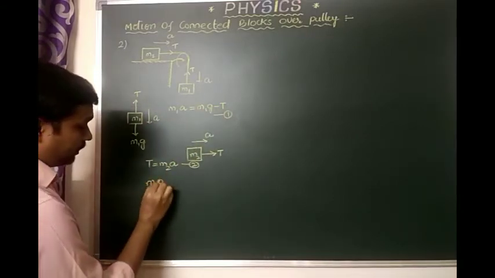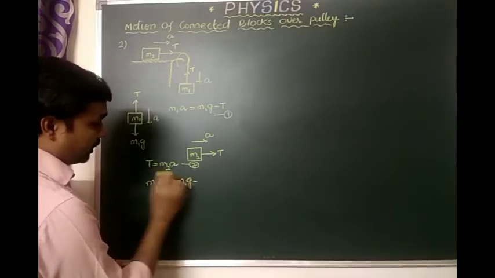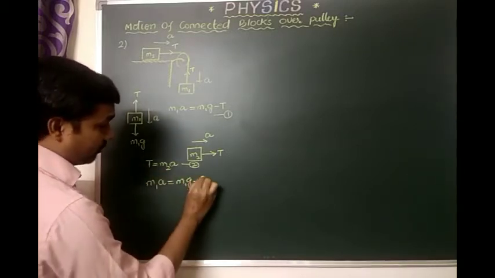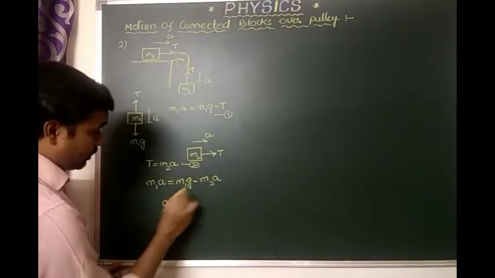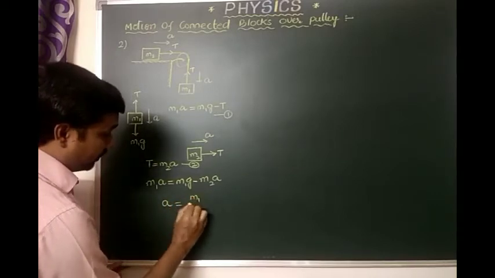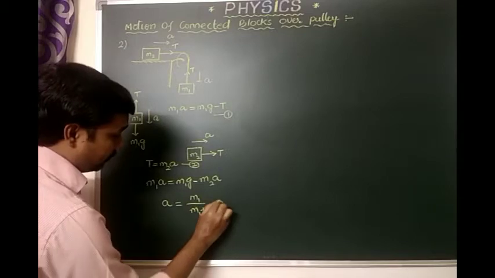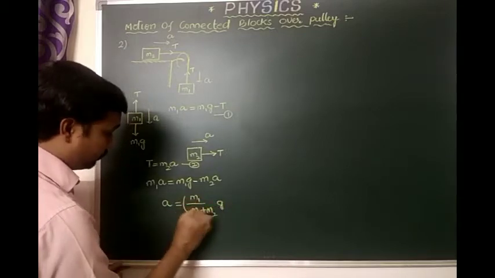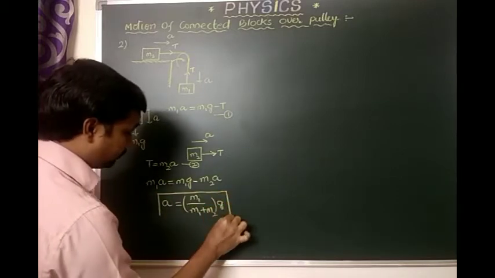So we can substitute the T value in the first equation to get the acceleration formula. M1 a is equal to M1 g minus tension T, which is nothing but M2 a. Bringing it to the left, a getting common, we get a is equal to M1 divided by M1 plus M2 into g. This is the formula for acceleration.